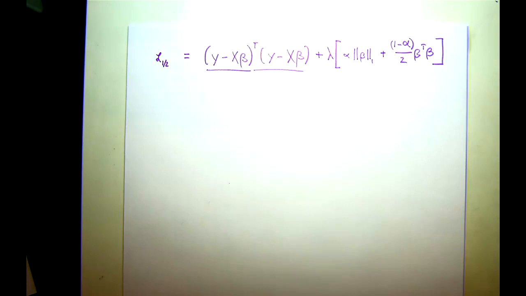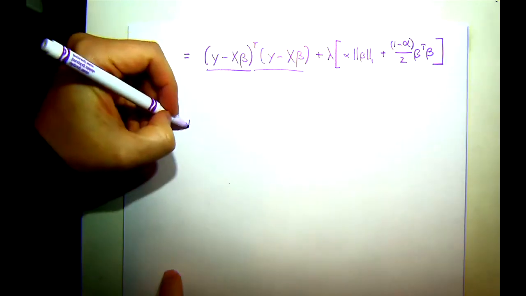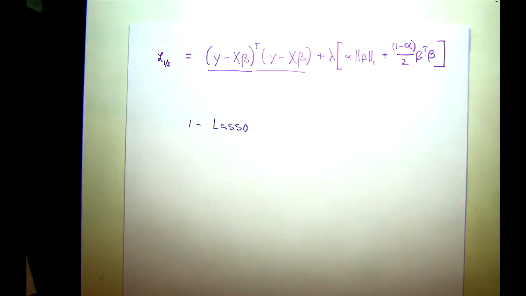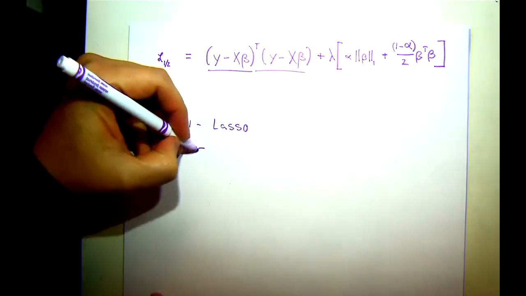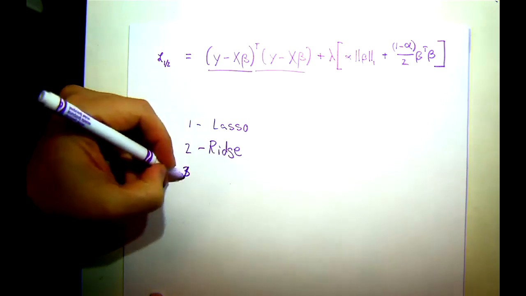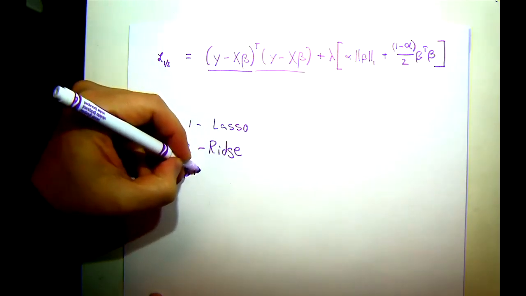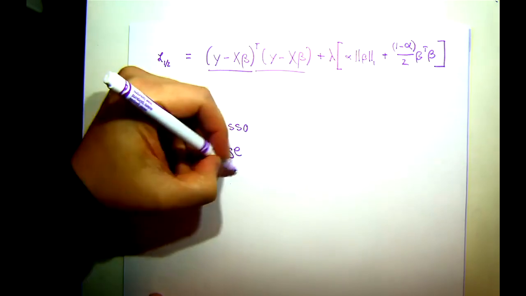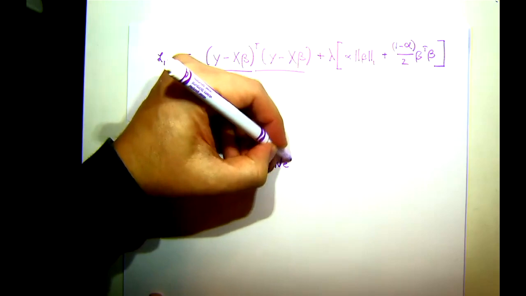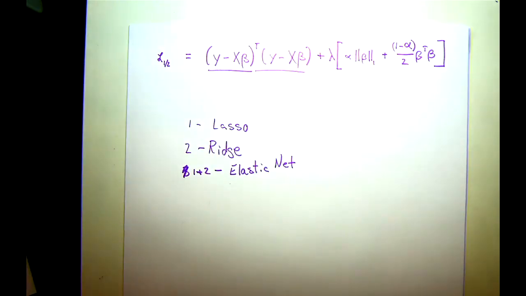These things have names that come from the statistics background. L1 is always called LASSO, L-A-S-S-O. L2, when you do just L2, that's called ridge. And if you do both of them, it's called elastic net.